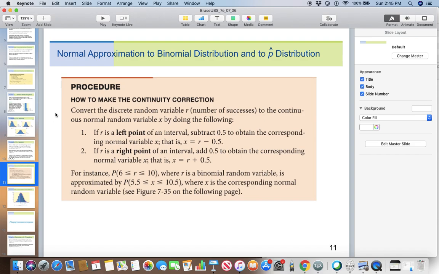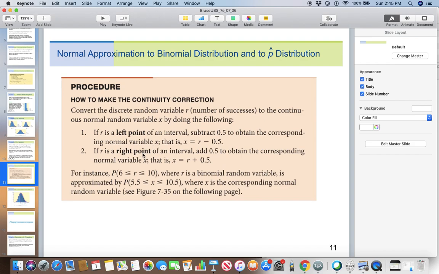So, the procedure: how to make the continuity correction. Convert the discrete random variable r to the continuous normal random variable x by doing the following. If r is a left endpoint of an interval, subtract 0.5 to obtain the corresponding x.